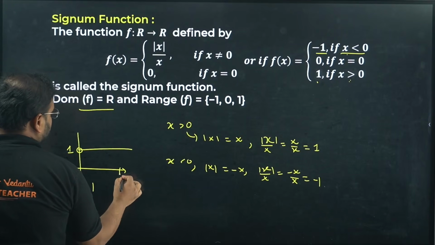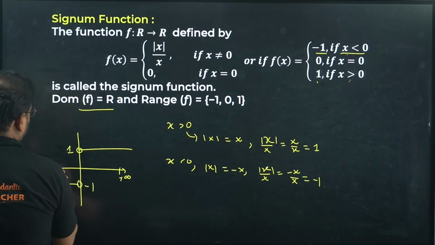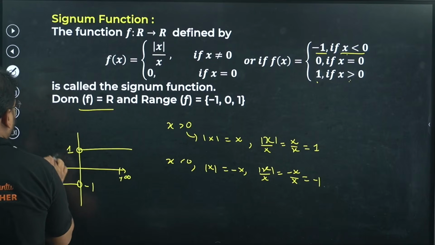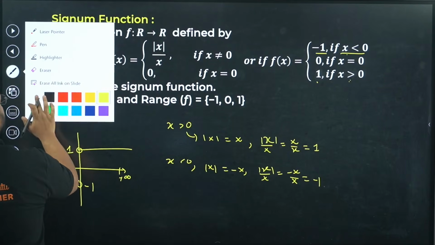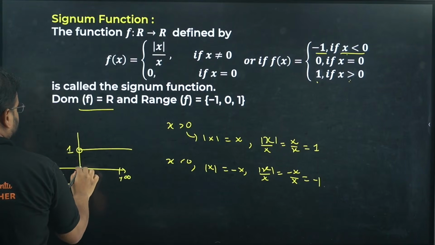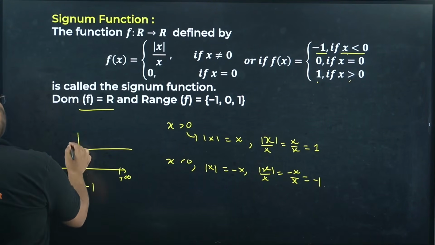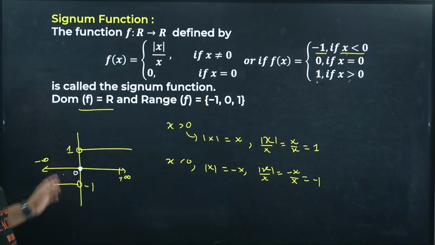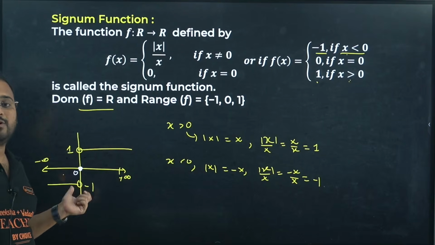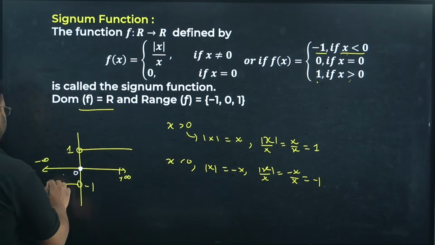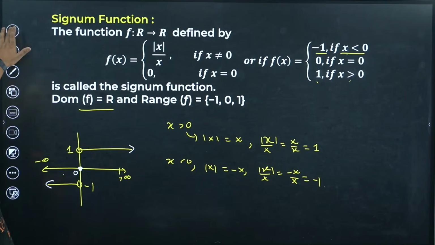This is your positive infinity side, negative infinity side, and at 0 it is 0. So the range is -1, 0 and 1, and domain is all real numbers. Is it making sense? I hope it does.